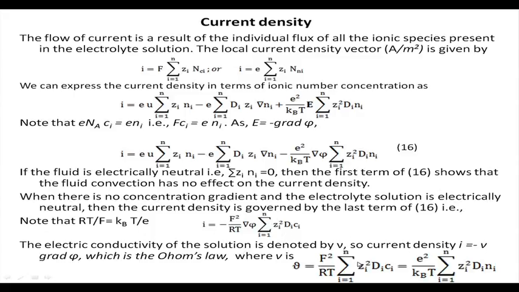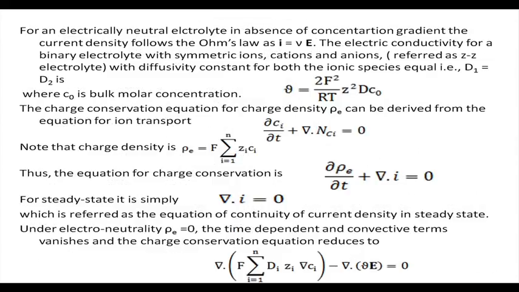The current density is proportional to the applied electric field, and the electric conductivity of the medium is governed this way. This is the Ohm's law we can talk about.